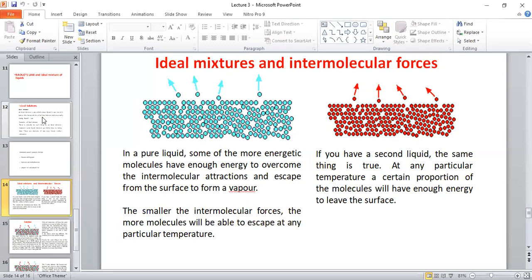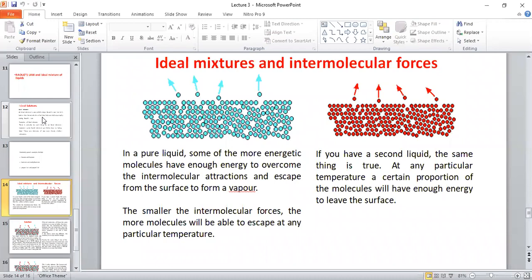In a pure liquid, some of the more energetic molecules have enough energy to overcome the intermolecular attractions, and they escape from the surface to form a vapor. In a liquid, you will have intermolecular attractions, molecules attracting each other within the liquid and keeping it in liquid form.